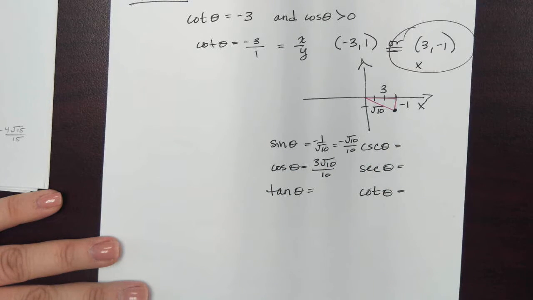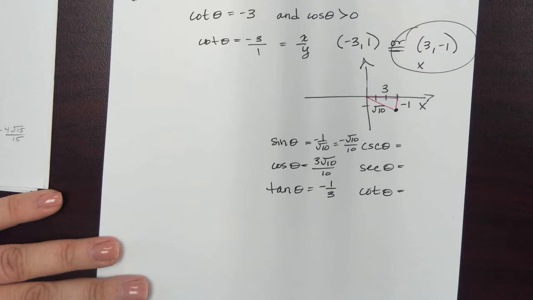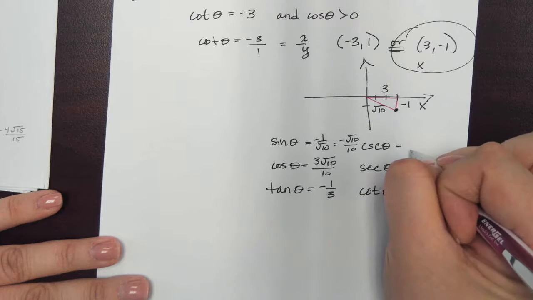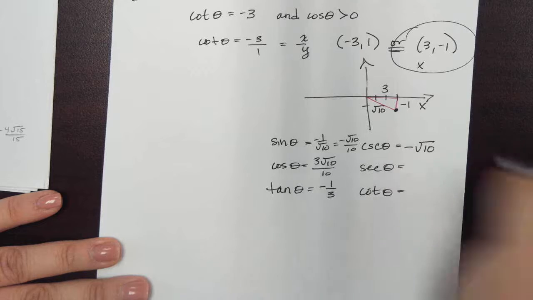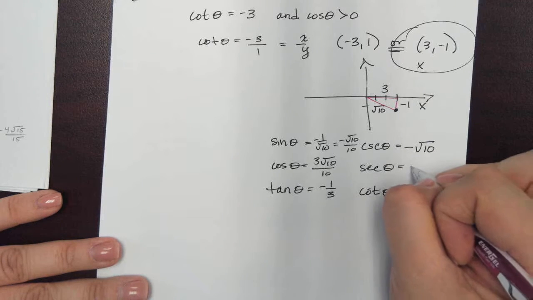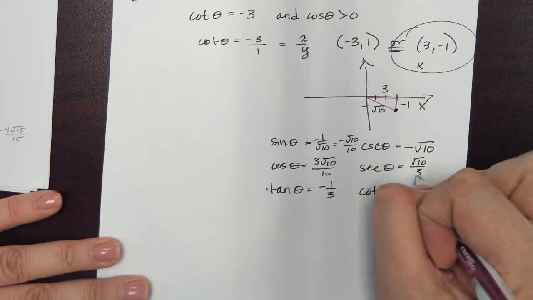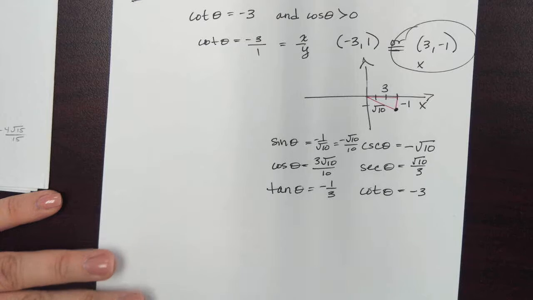What about tangent? -1 over 3. What about cosecant? Negative square root 10. What about secant? Square root 10 over 3. And cotangent? -3.